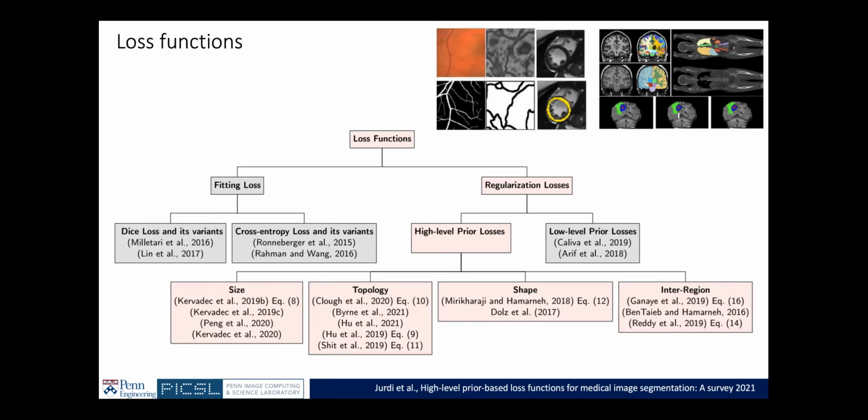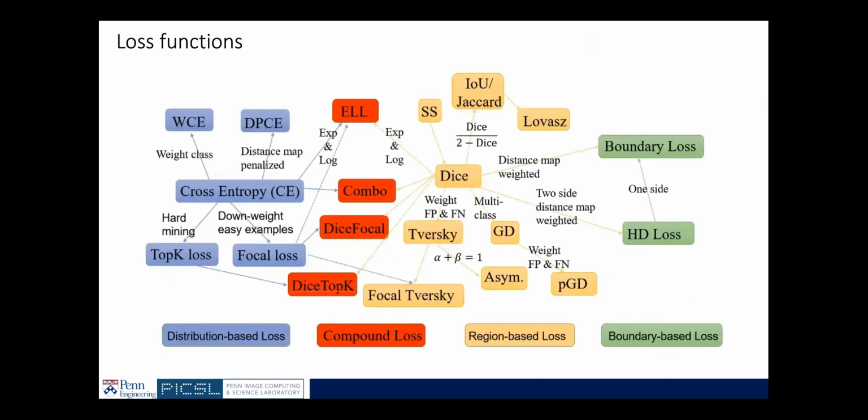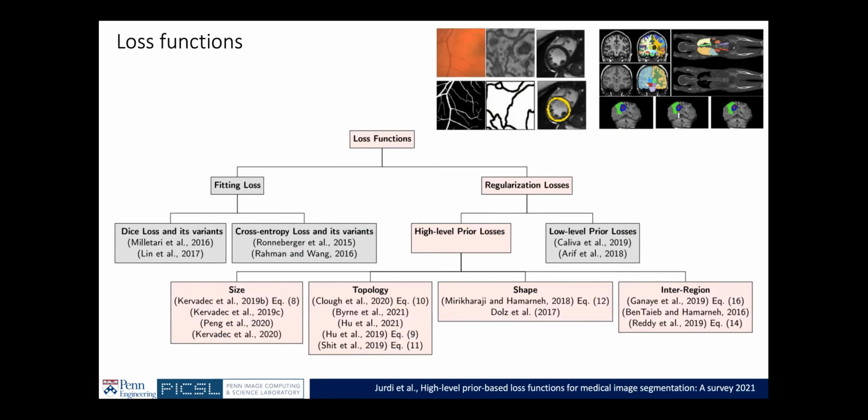So let's say I'm interested in segmenting the vessels in this retinal image. Can I have some explicit notion in the loss function that tells the network, hey, this is a vessel and you want to segment these particular vessels? All that regularization can fit into this category. Of course, we'll come back to all these losses in the next lecture as well.